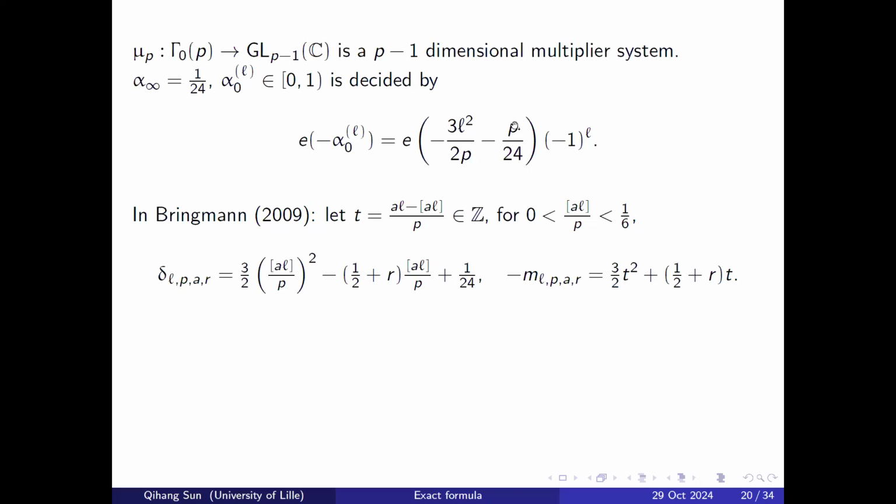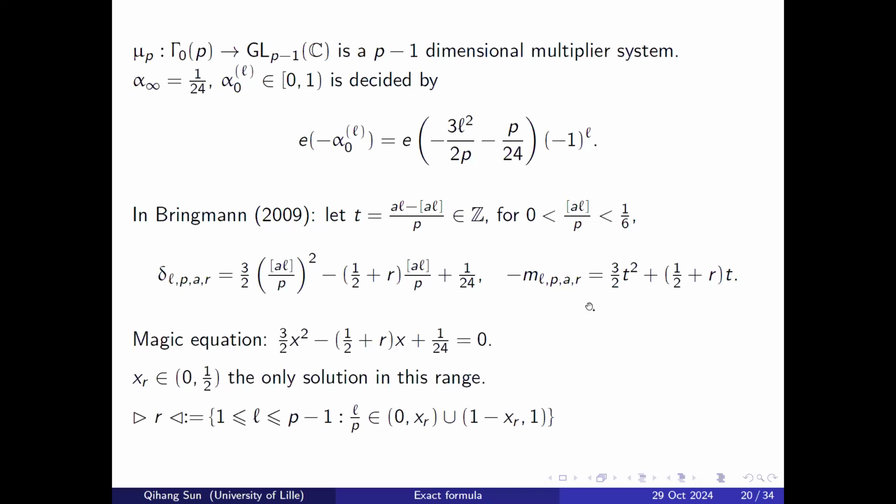And you can see 1 over 24 is p over 24 here. And this gives us a magic equation of this one. And we mark xr as the only solution on the left-hand side. And we mark this very funny notation of r as the symmetry from 0 to xr on the other side. Well, this is just for notation. You'll see everything in the reason in the later slides.